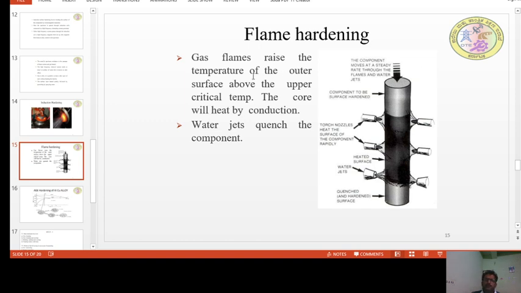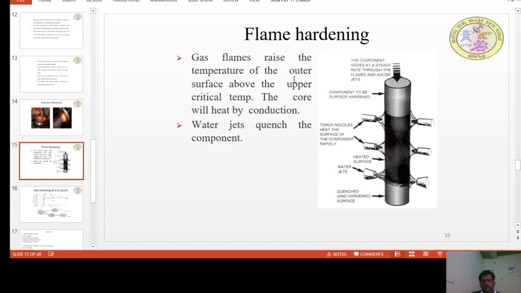And in the other cases where the length is more, they use a carrier which can move along the length of the workpiece. The carrier consists of two nozzles: one is the flame, and the other one is a jet of water.